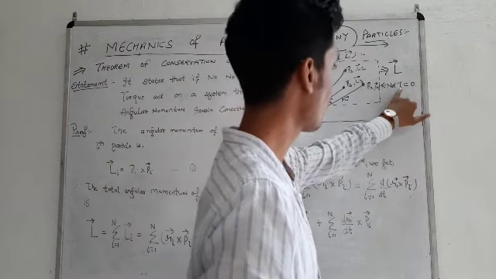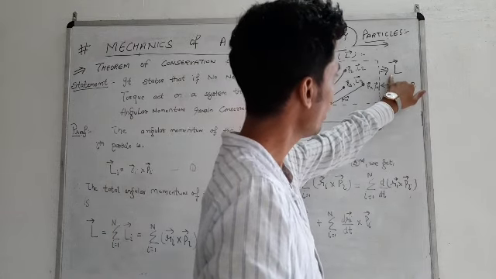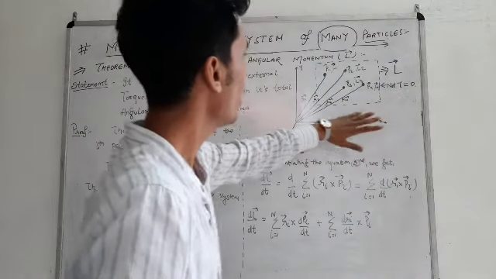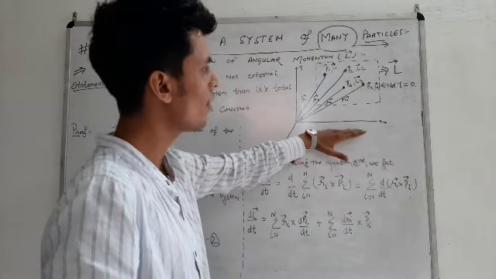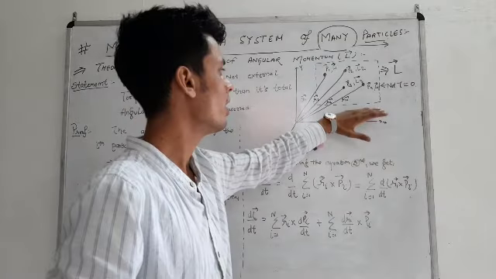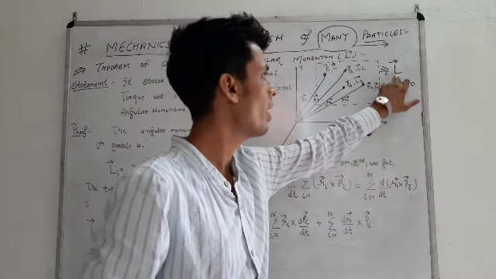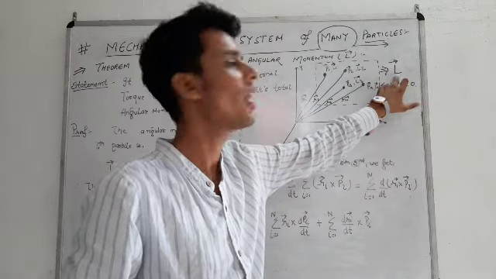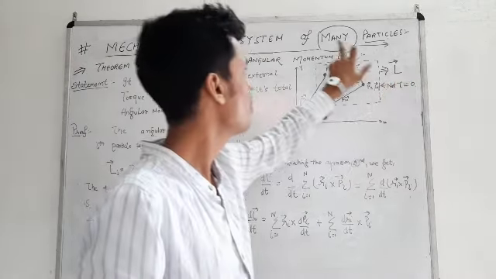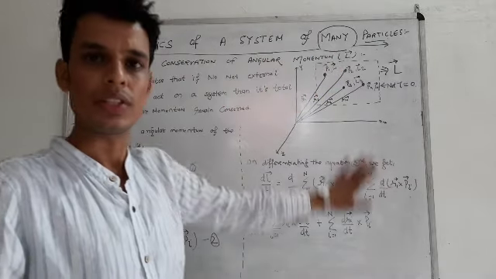So when the net torque on a system is 0, the total angular momentum of that system will be conserved. We are going to derive this theorem, and in the end we will see that the value of L will be fixed, that L will be constant. In that case we can say that the angular momentum will be conserved.